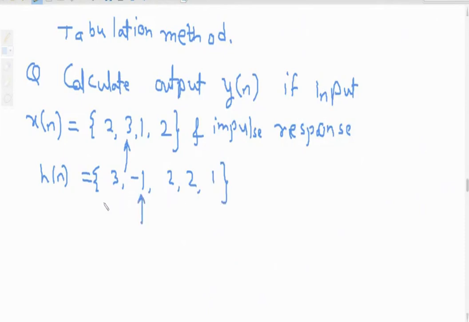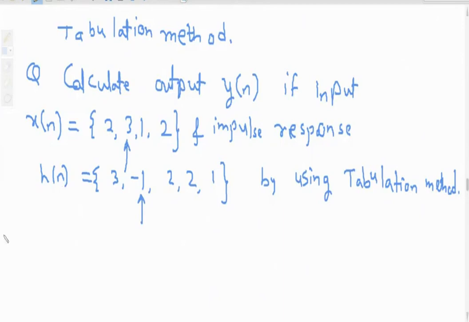Okay. Then the first thing you should do, to calculate the output y of n from the input x of n and the impulse response h of n by using the tabulation method, is calculate the lower limit and upper limit.